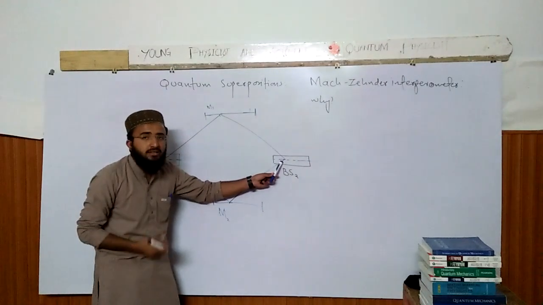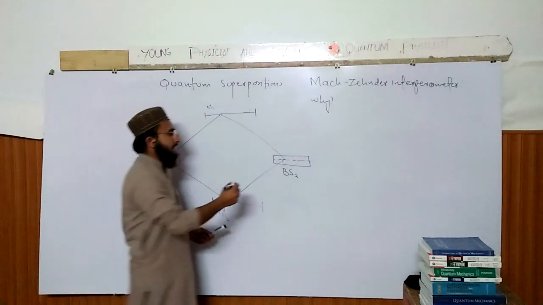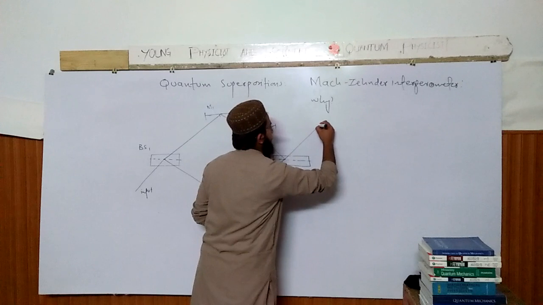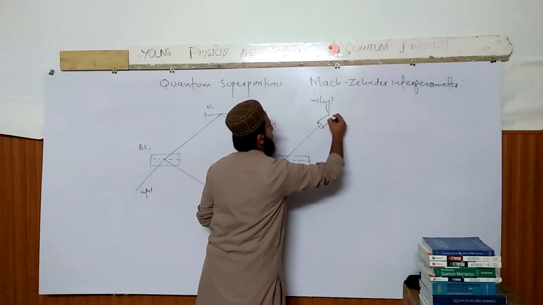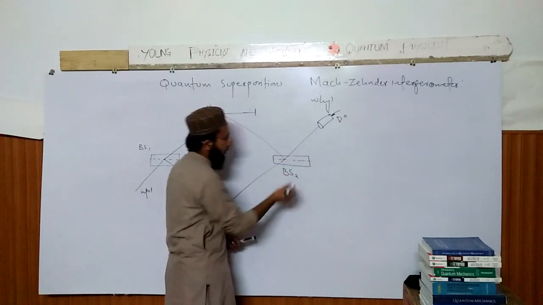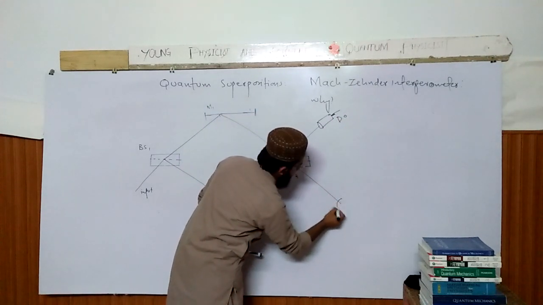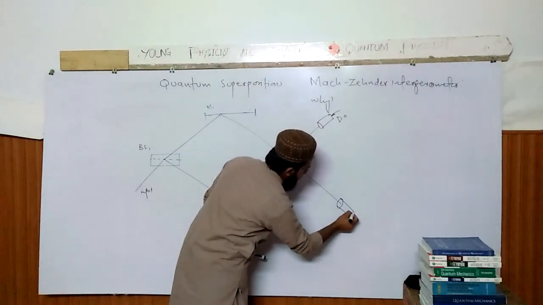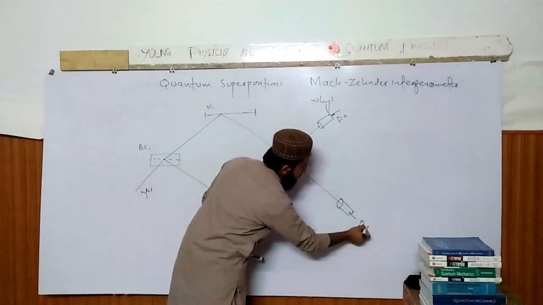At this point they will interfere with each other, and this can be detected with the help of detectors. This is the detector, let's call it D0, and here we have another detector, let's call it D1.